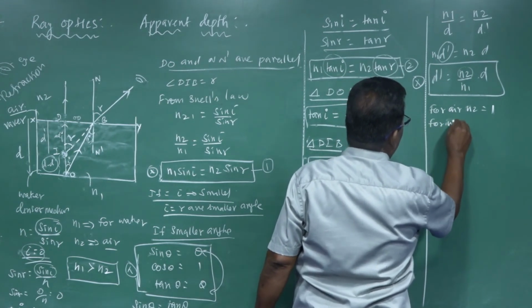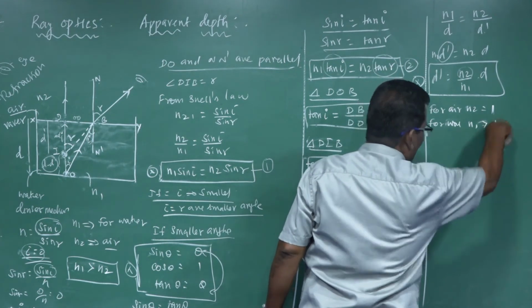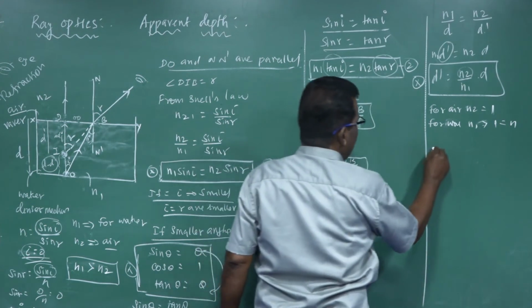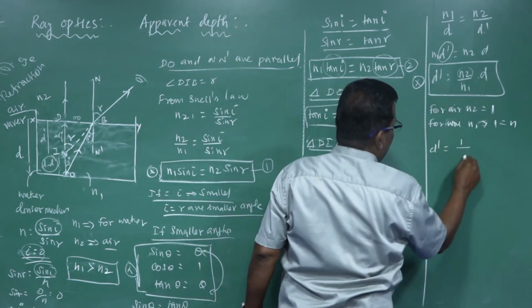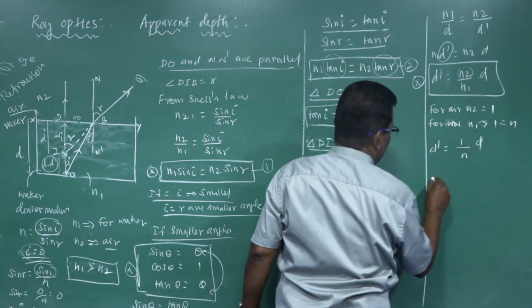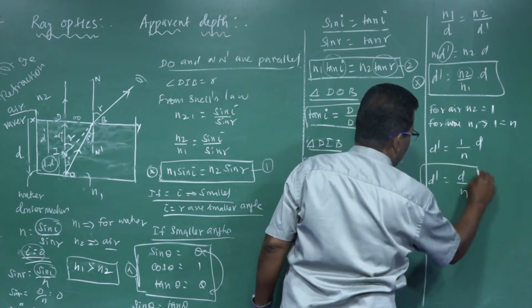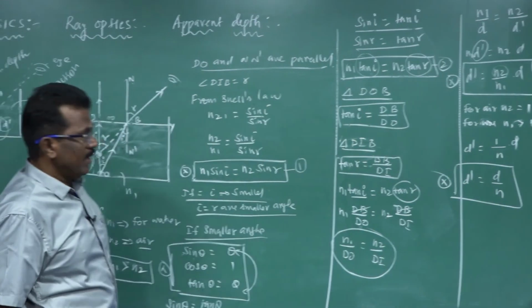But N1 is the denser medium, water, so N1 is greater than 1. Let it be n. So D prime is equal to n into D, instead of N1, so D prime is equal to D by n.